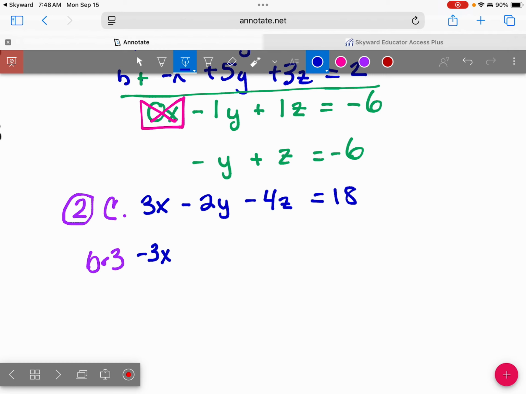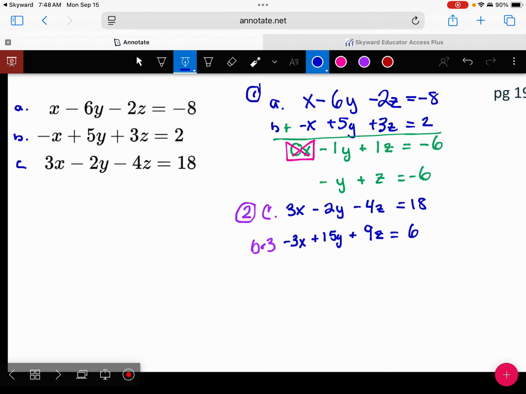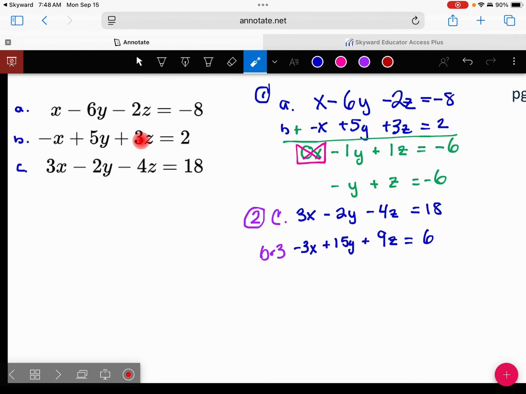Our 5y times 3 is going to give us plus 15y. Our 3z times 3 is going to give us a plus 9z. And it's going to equal 2 times 3, which is 6. So we're multiplying absolutely everything in here by that 3. Everybody.